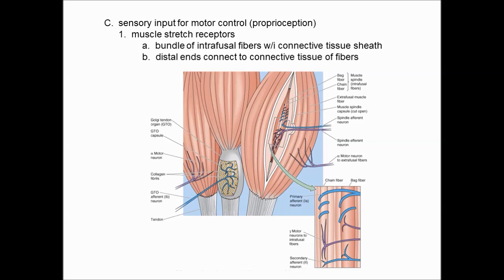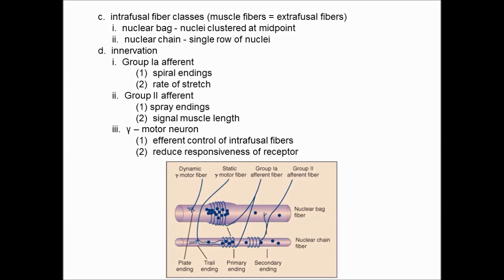The distal ends of this little spindle are hooked to connective tissues that eventually couple them to the muscle itself. So when the muscle changes its tension, either passively or actively, this also is reflected in the length of the intrafusal fibers. There are two different classes of muscle fibers in this muscle spindle. One is referred to as nuclear bag and the other nuclear chain.